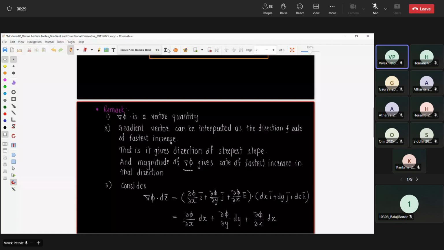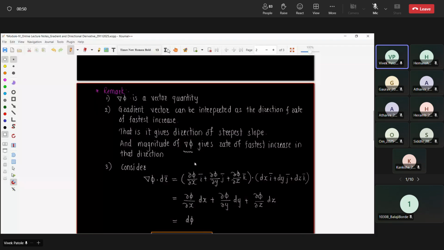See, gradient gives the direction of the steepest slope, and its magnitude gives us the rate of fastest increase in that direction. So its magnitude gives us the maximum value of that increase or decrease.